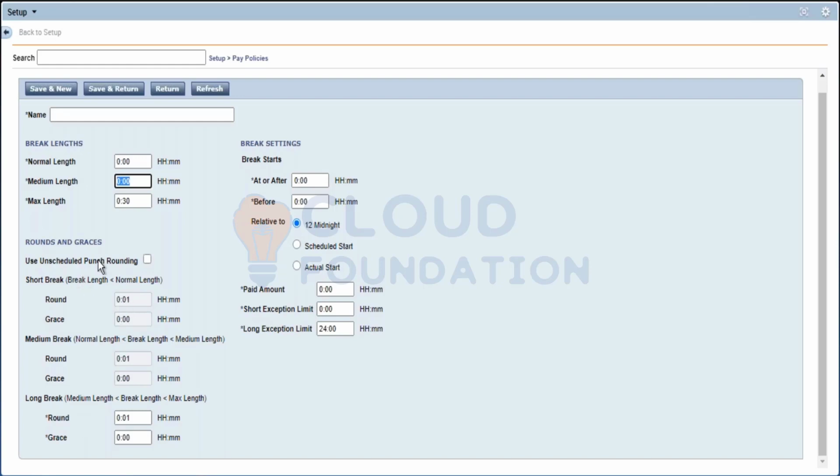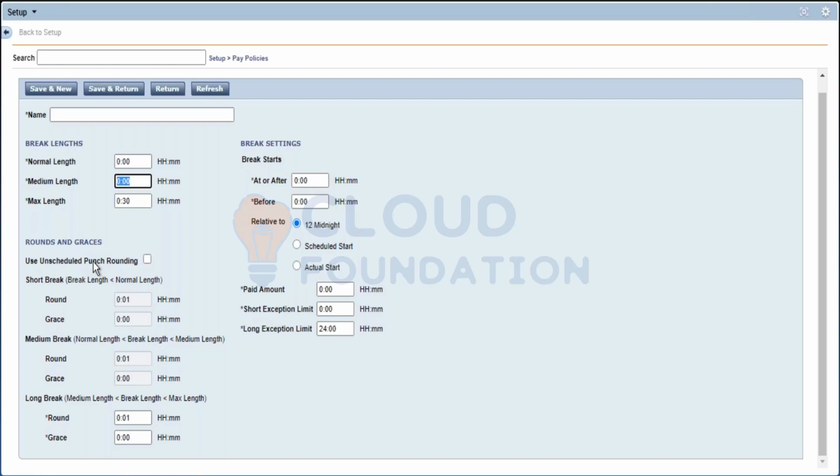I'll explain how this unscheduled works. You select to use unscheduled transfer punch rounding instead of interval rounding for the break punches. We said that if there's a 36-minute break, the system is going to round the whole break and not the individual punches. So for unscheduled, you can use your actual punch rounding instead of your interval rounding.